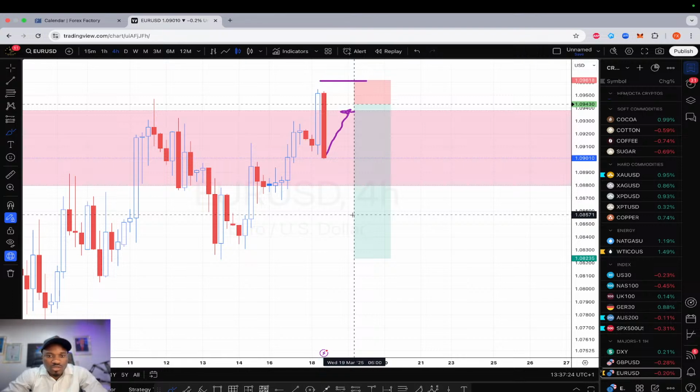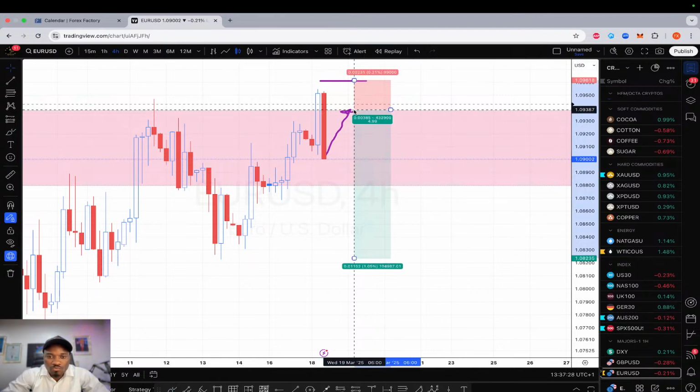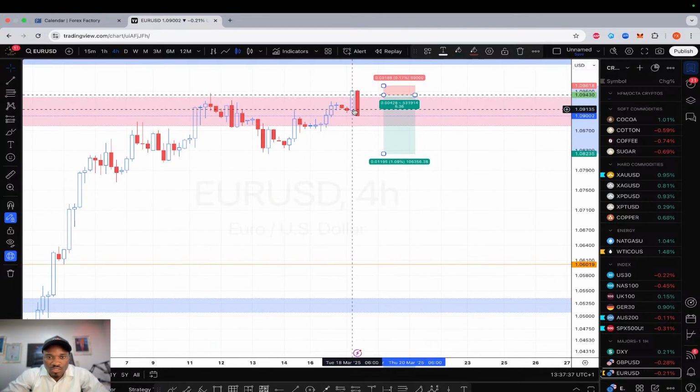Based on what I drew right here, we should be looking out for maybe a 4.5, I mean 5, risk to reward ratio. So that is the way I would like to approach this asset.